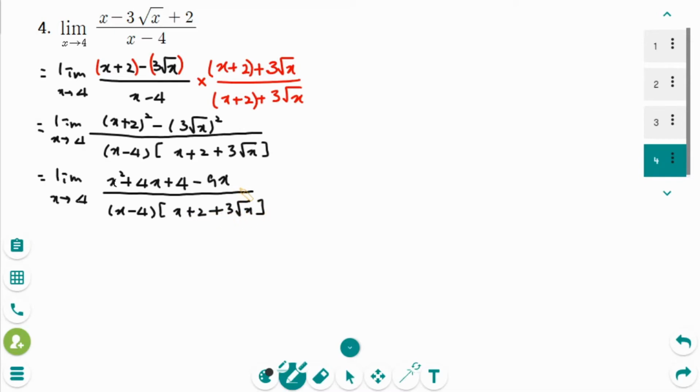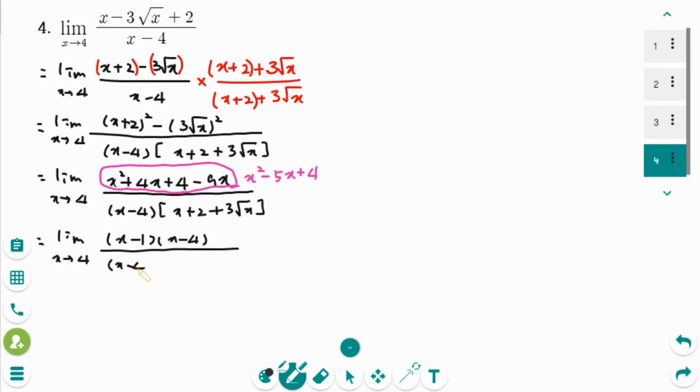When we simplify the numerator, this x squared, the 4x minus 9x, which is minus 5x, plus 4, and then we can factor this one into (x minus 1)(x minus 4) over (x minus 4)(x plus 2 plus 3 square root of x), and cancel the common factor.